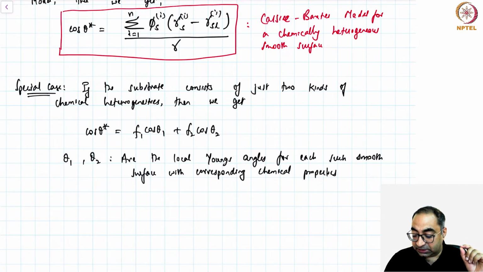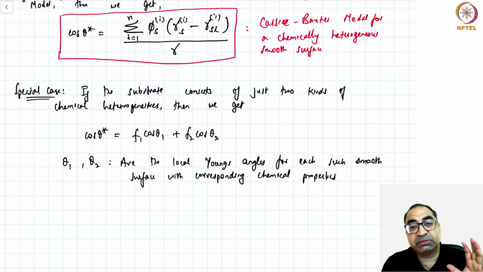For example, consider a simple situation where there are only two chemical heterogeneities, and the example that I gave was a case where we have a smooth, clean glass surface, along with the same surface etched or chemically treated at a few places using various techniques like masking.